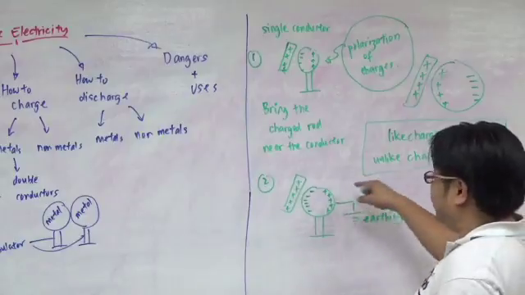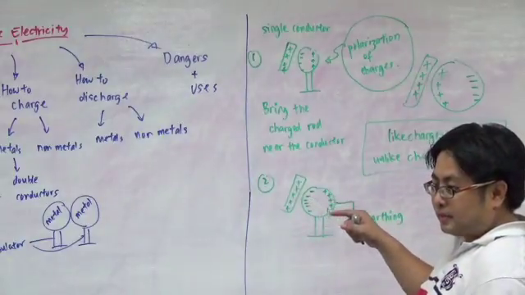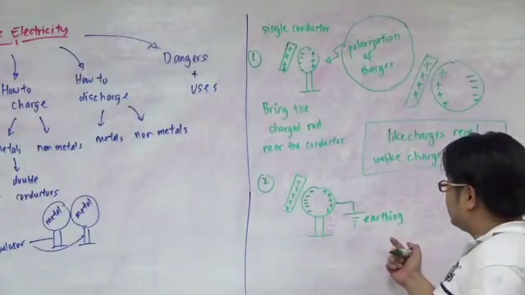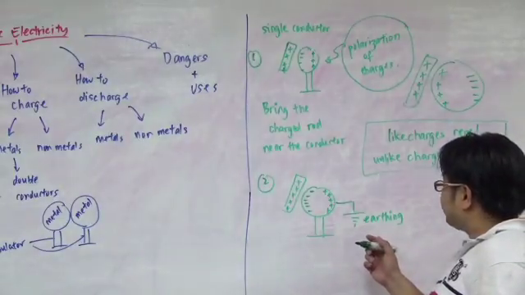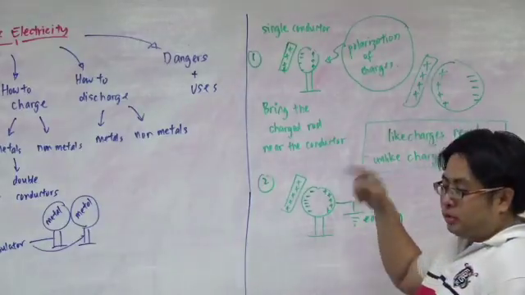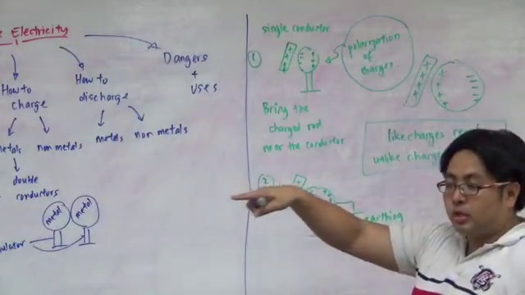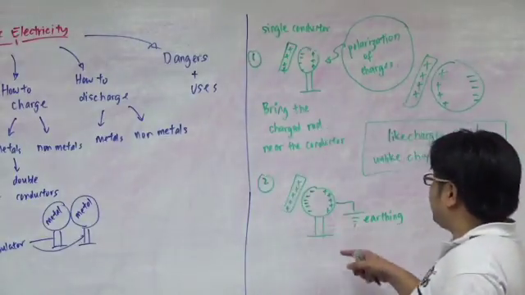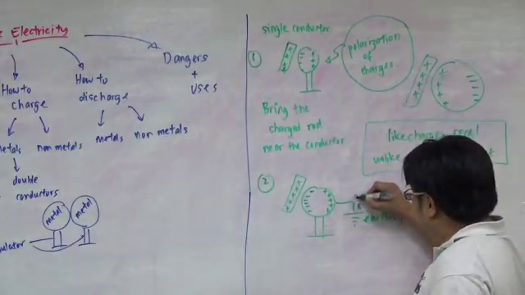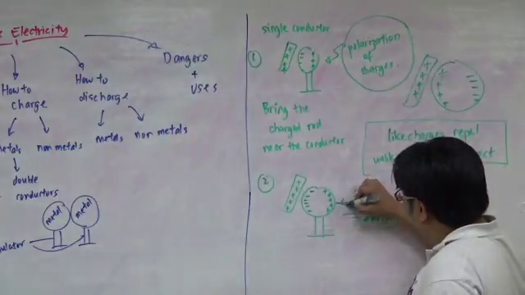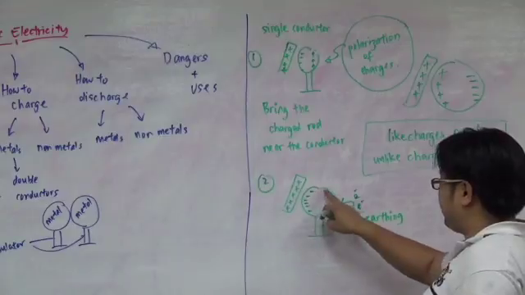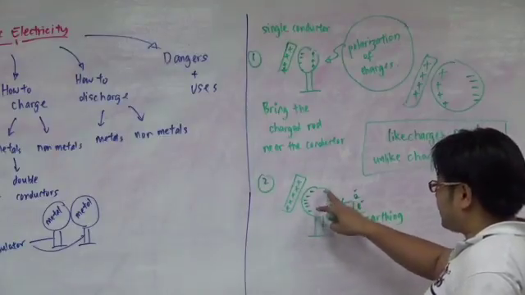You just use a wire. You can use your fingers to touch it, because our body is a very good conductor of electricity. What actually happens is that the electrons from the earth will move through the earth wire, and then they neutralize this part. They neutralize the positive charges.